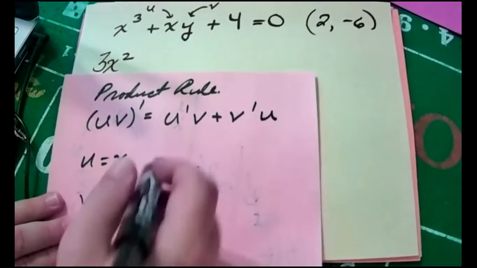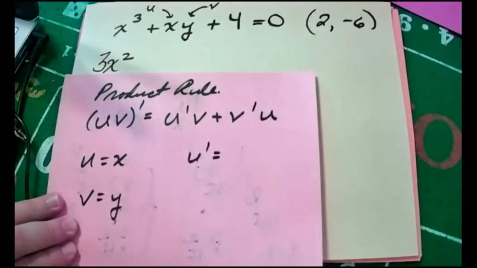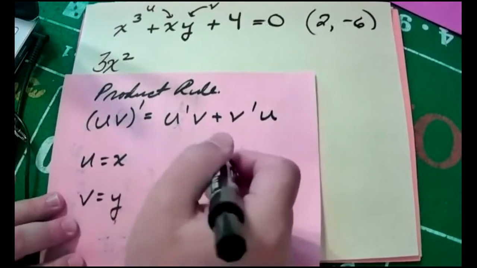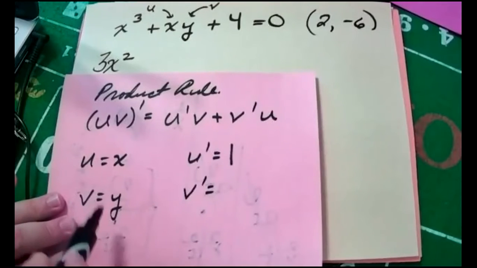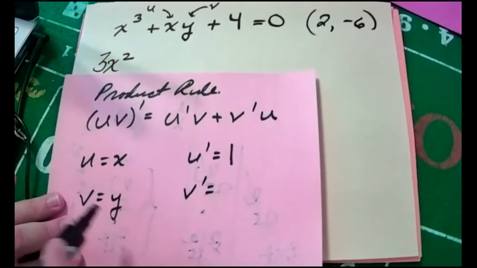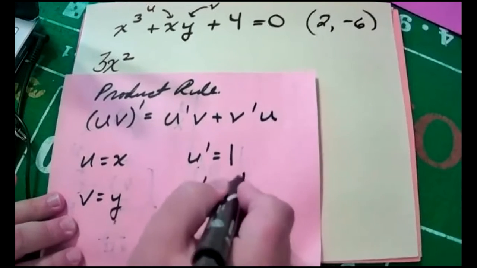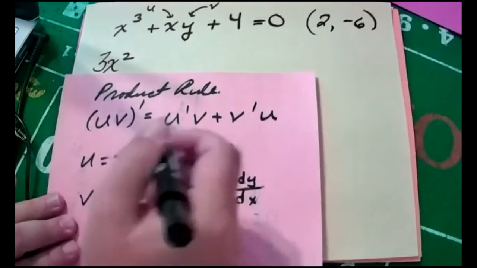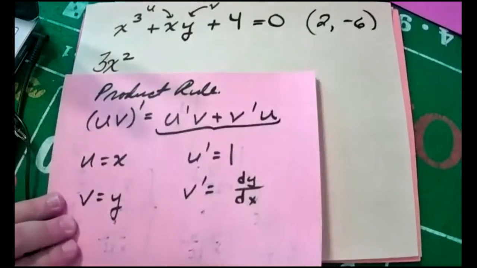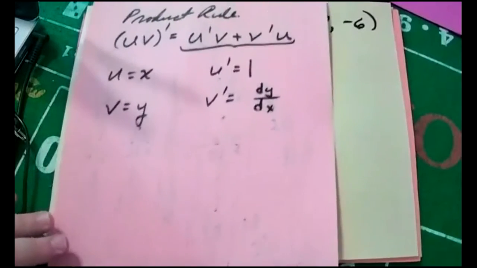So that means what is u prime? u prime is going to be 1. The derivative of x is 1. What is v prime going to be? v prime is the derivative of y. Here's a trick question for you. What's the derivative of y? The answer is dy/dx. Okay. Now, let's assemble the derivative using the product rule template here, right?